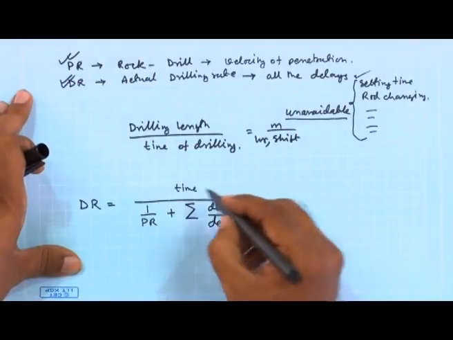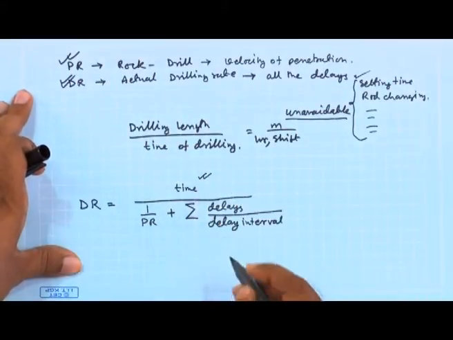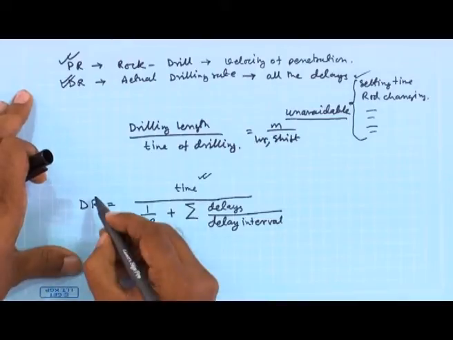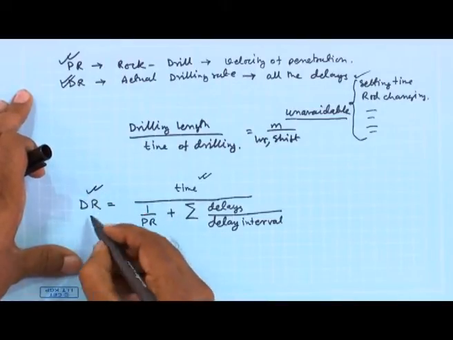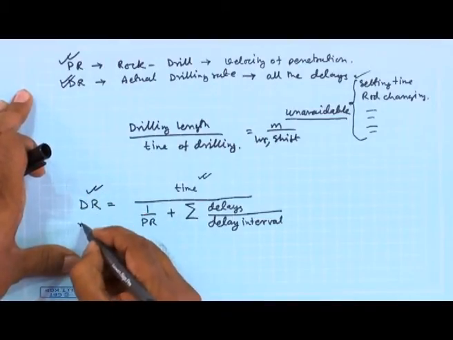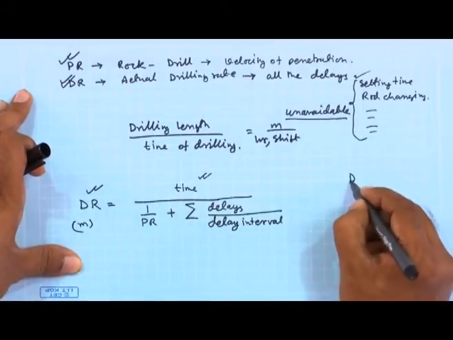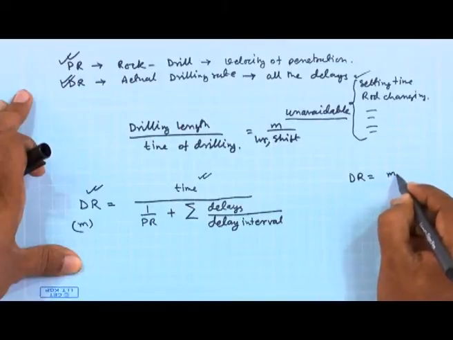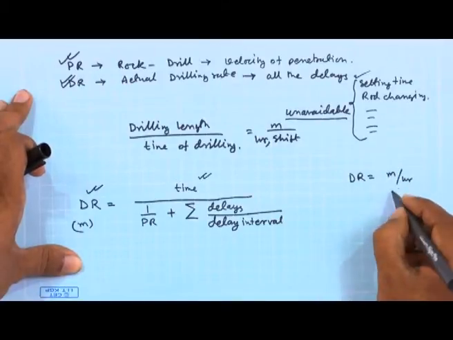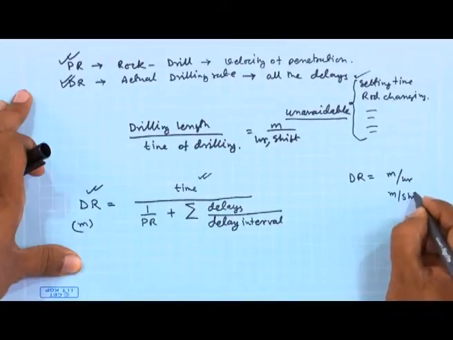So, this time is basically the time for which we want to know the drilling rate. So, this drilling rate is in meter, and it may be considered DR is equal to, in meter per hour or meter per shift.